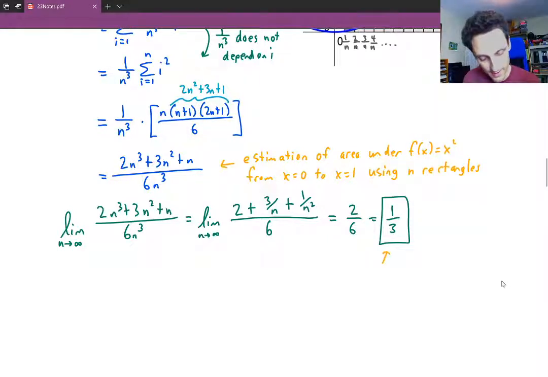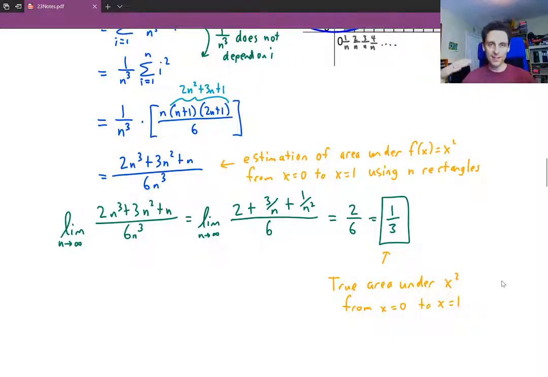This is the true area under x squared from x equals 0 to x equals 1. It's amazing that it turns out to be a fraction. You wouldn't think, a parabola is curvy, how could that give us an exact area of 1/3?